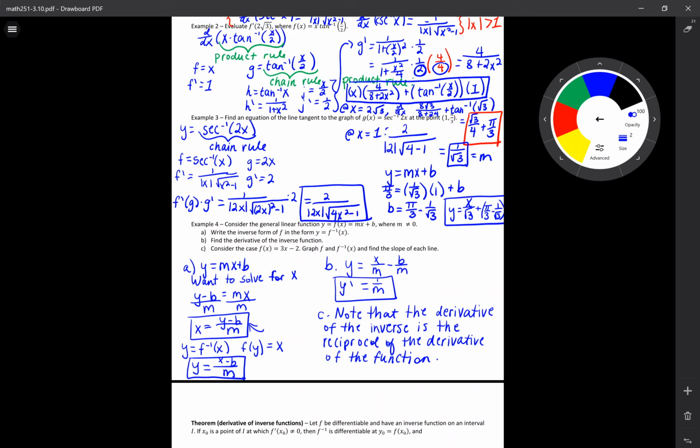You might have to read that a couple times in order for it to make sense, but that is certainly true. So next we have a theorem.